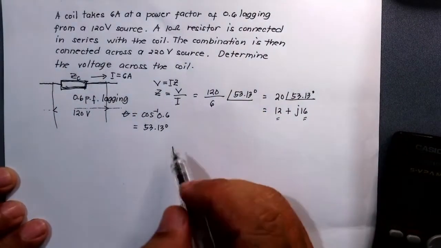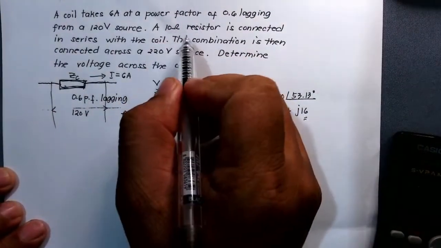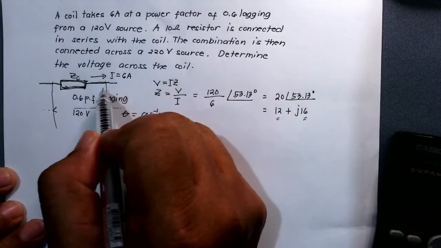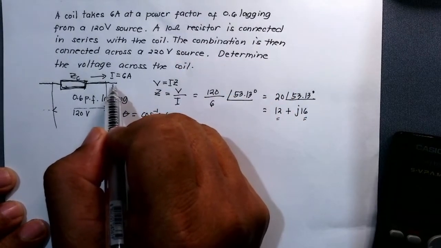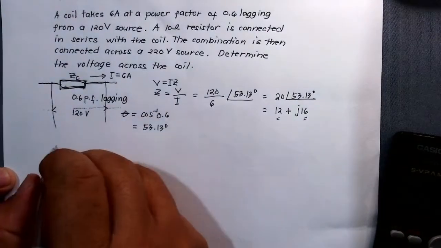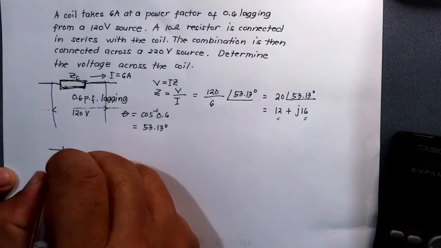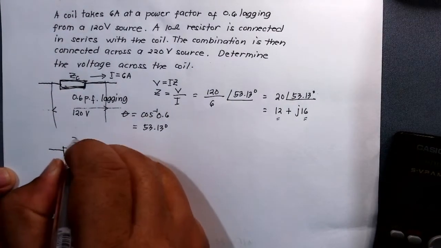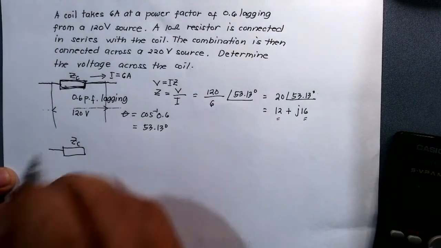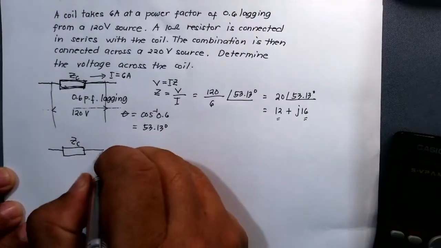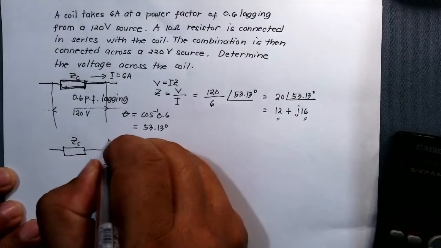Now, according to the problem, there is a 10 ohm resistor added to this coil. So I will draw it again. This is your ZC, and then a resistor here, 10 ohms.